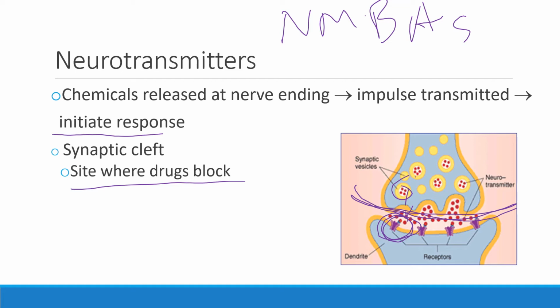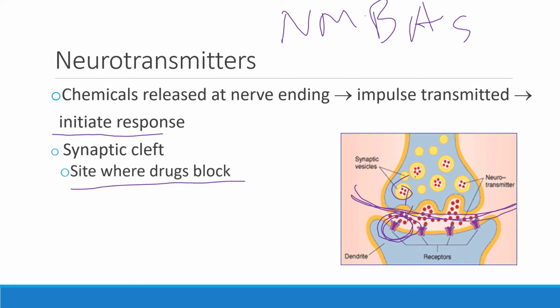So that's the whole point behind manipulating that pathway. If we can use drugs that will block that pathway, that's one way to do that. So what drugs do we use that block these sites? Of course we're going to look at things like paralytics there, but there could be other things that we do as well. But one of the big things to understand here is knowing all your neurotransmitters and where they are.